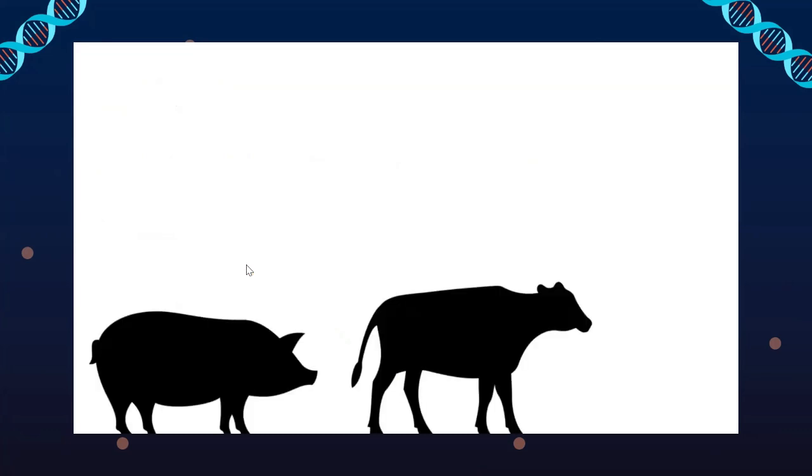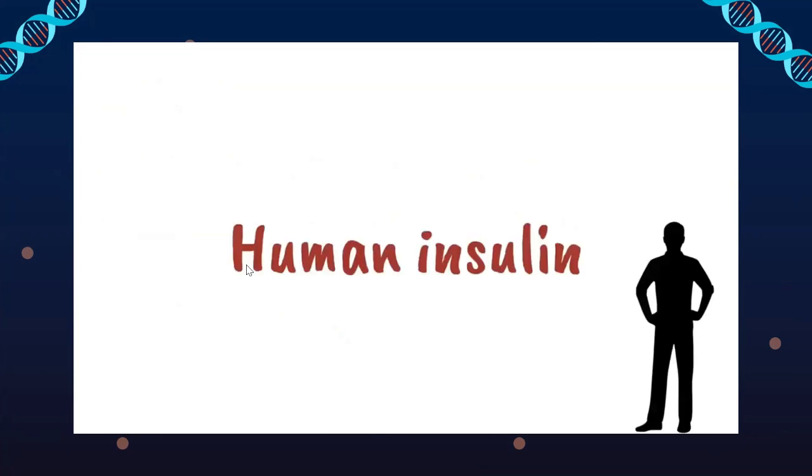Right now, since advanced na po yung technology natin, gumagamit na po tayo ng human insulin instead of using pigs or even cows. Okay, so yung development ng technology natin is very advanced, kumbaga.